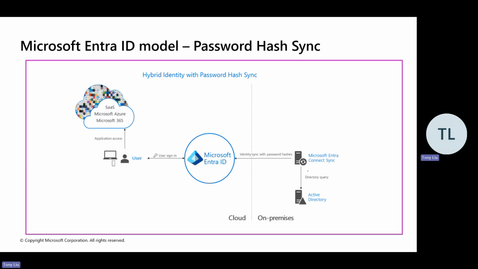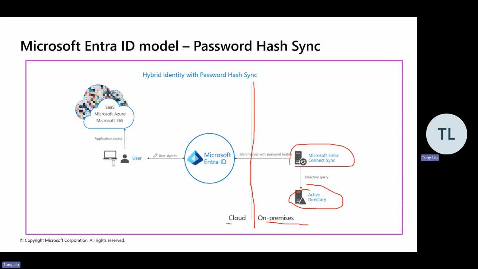So here is password hash sync. Let's see, where's your local Active Directory? Here, this is the boundary. So you have on premises, and you have cloud. This is your Active Directory, and it has software installed called Entra Connect Sync.